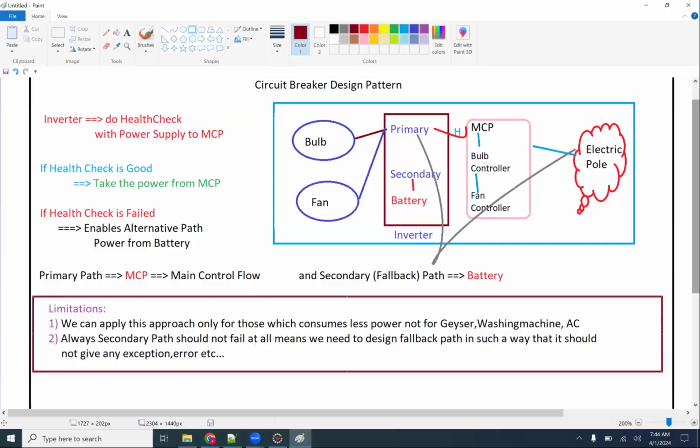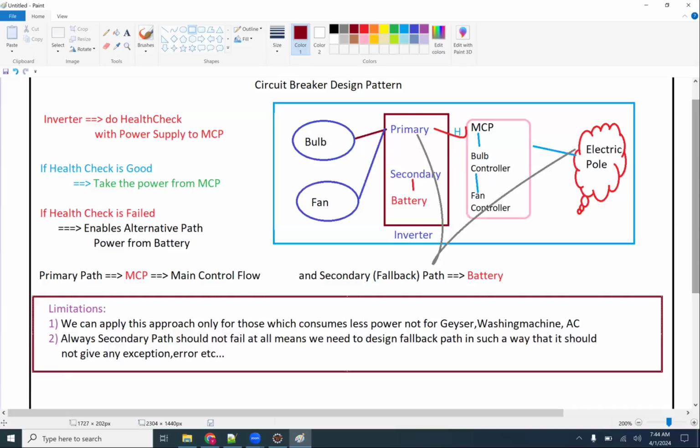As long as it is taking a health check, if it says that power is back, immediately it will disconnect the alternate path, disconnect the battery, and enable the main path.